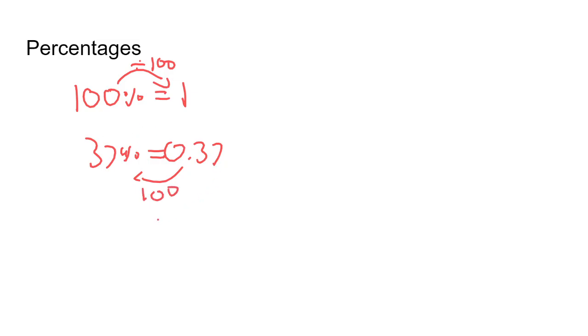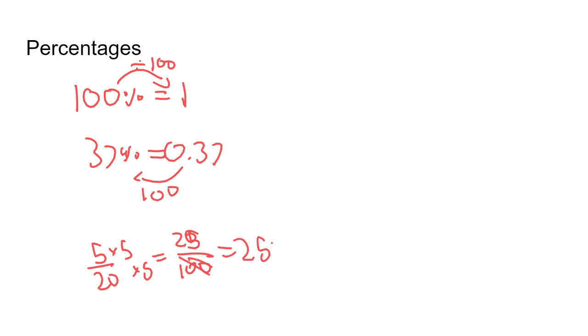And then for fractions, there's actually multiple ways. If the denominator is a factor of 100, you can kind of unsimplify it so that the denominator becomes 100, and then you can just lose the 100 to get 25%.